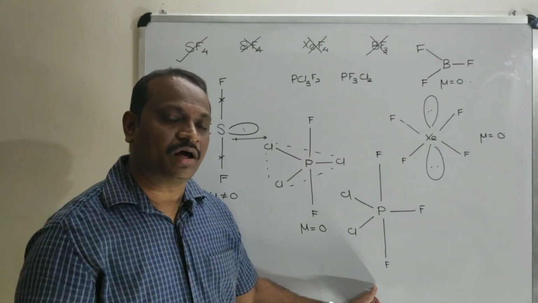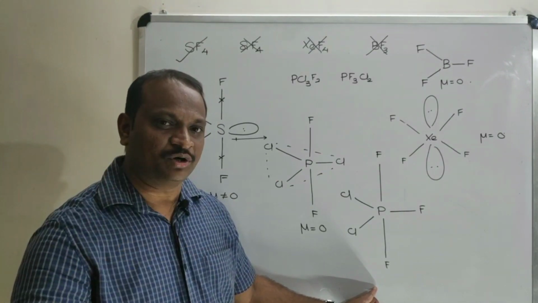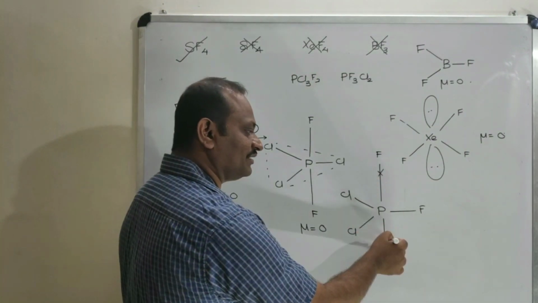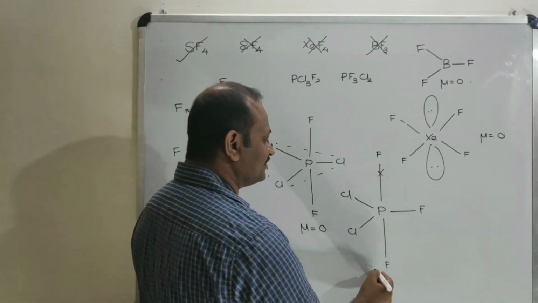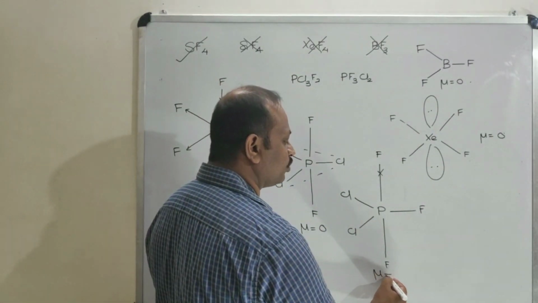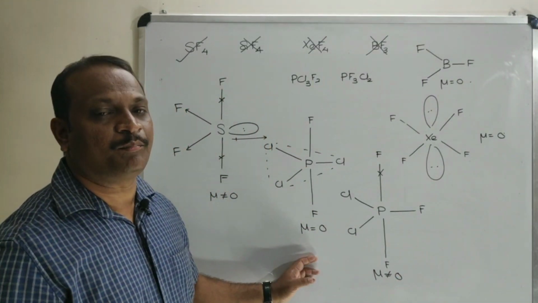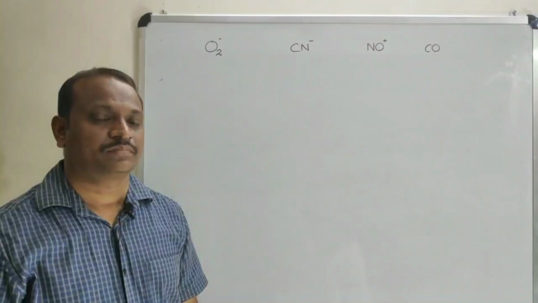I told you earlier: the most electronegative atom needs to occupy the axial bonds. So fluorine occupies the axial bonds. These two will cancel each other, but these bonds do not cancel each other. So in this case, the net dipole moment is not equal to 0. Please remember, the first one is non-polar, the second one is polar.